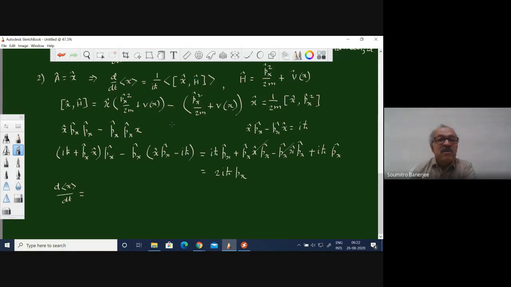It is equal to 1 by iℏ, which comes from here, and then this one is basically the commutator of x and H. And then it is 1 by 2m, and then we landed into this, that was twice iℏ times px. ℏ cancels off, i cancels off, 2 cancels.